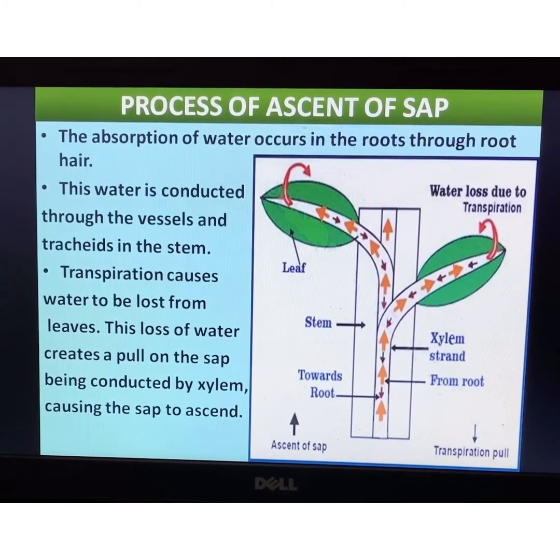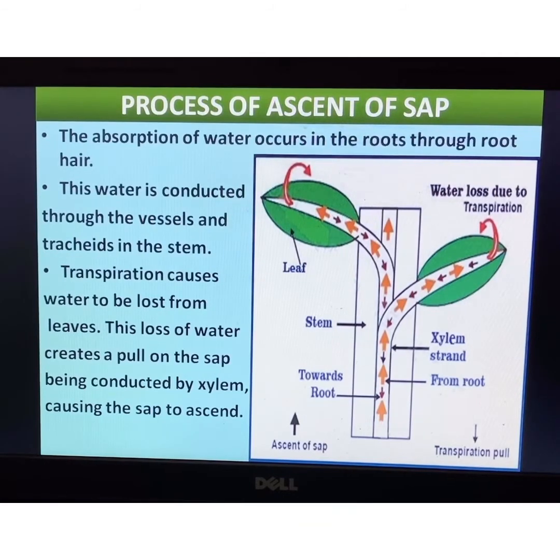Maximum amount of water absorbed by the roots is lost in the form of water vapor through transpiration, and only a very small amount is utilized by the plants in photosynthesis. So the maximum amount of water is lost through the stomata in transpiration.